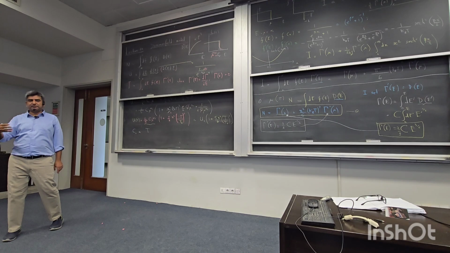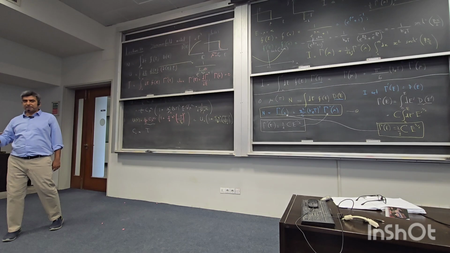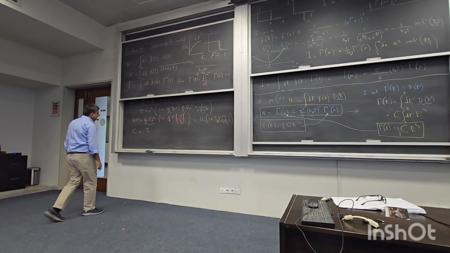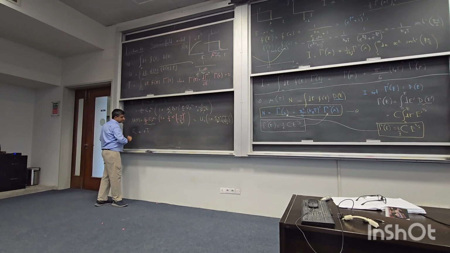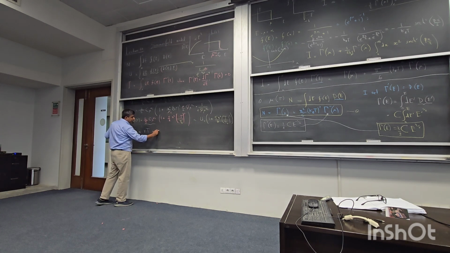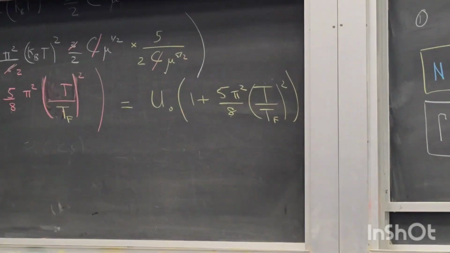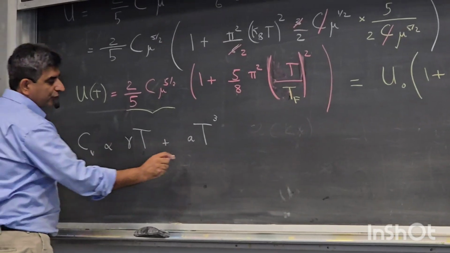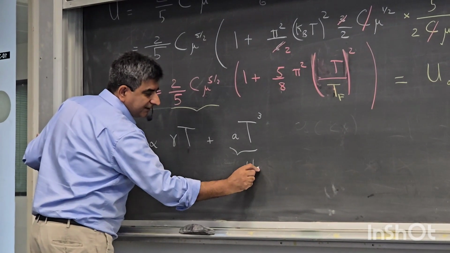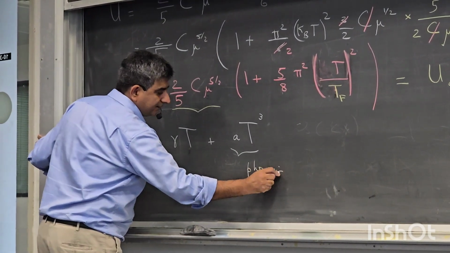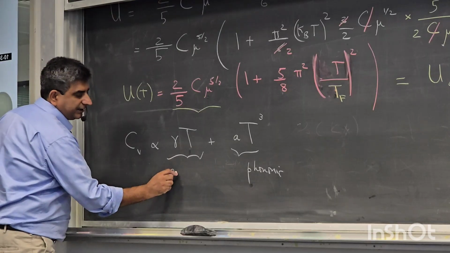What does that look like in 3D? T cube, it's the cube of the temperature. So I have some dependence on the temperature plus some dependence on the temperature due to phonons. So this term is due to phonons, this is the phononic heat capacity, and this is the electronic heat capacity.